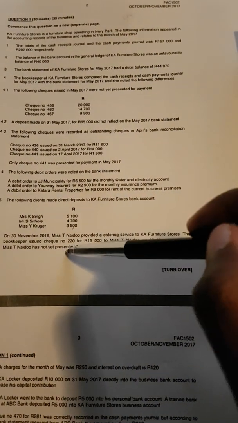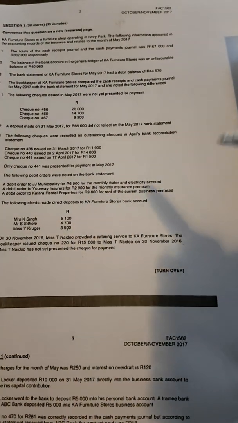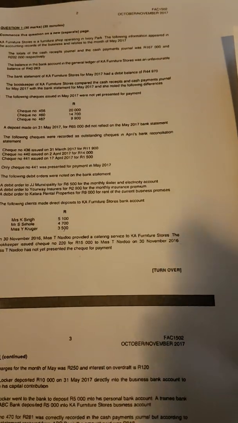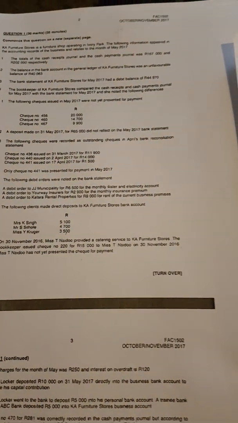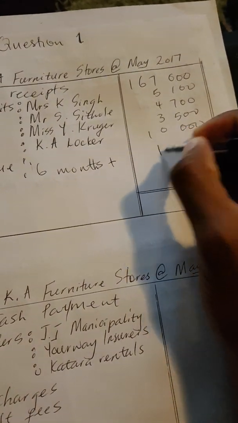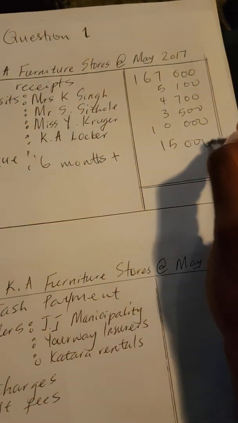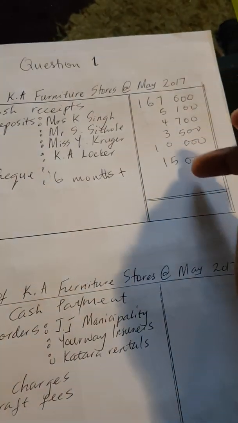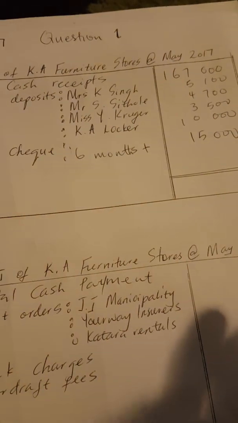So you can see that check 220 is a stale check because it lasted for more than 6 months. So we have a stale check of 15,000. So you add 15,000.